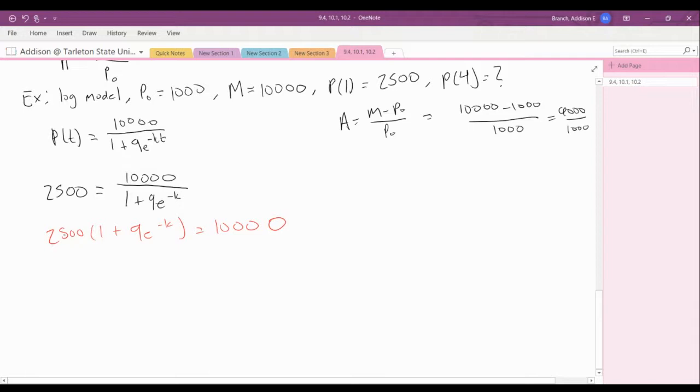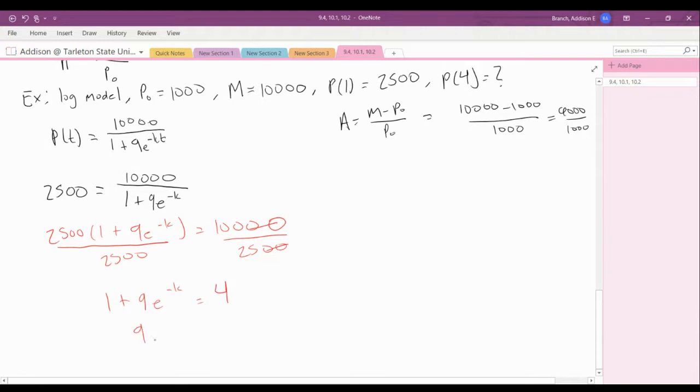Then we can divide both sides by 2,500. So therefore we can get 1 plus 9e to the negative k is equal to 4.